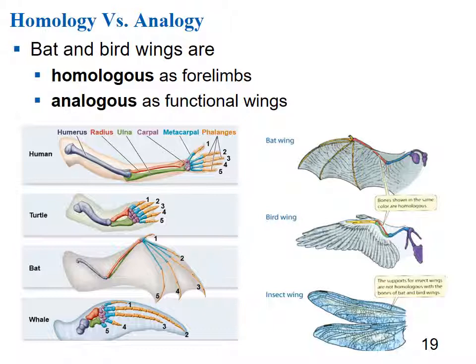A bird wing is very different from the structure of a bat wing, even though they evolved for the same sort of reason, or they have the same benefits. An insect wing is even more different. But a bat, a bird, and an insect might even occupy the same sort of niche or the same sort of space in their environment.